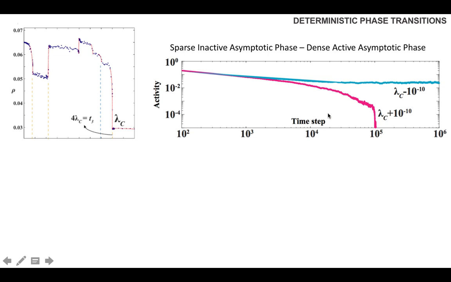Here we have a way of excluding the flickers, which are periodic orbits. So even though you have periodic orbits, we count them as zero activity.